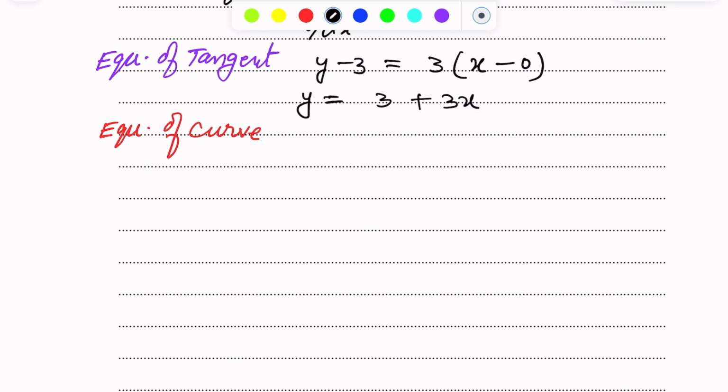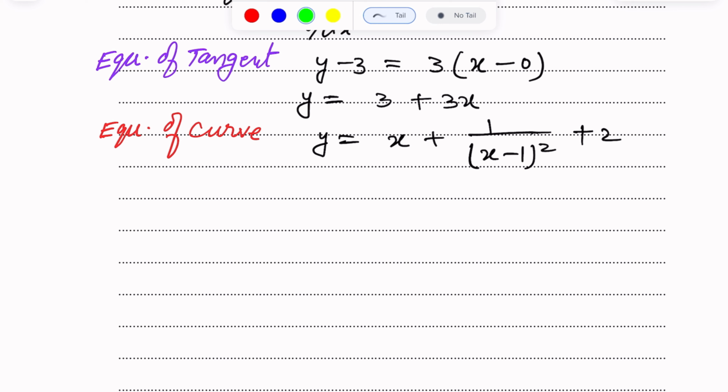Now we will solve these two equations simultaneously.